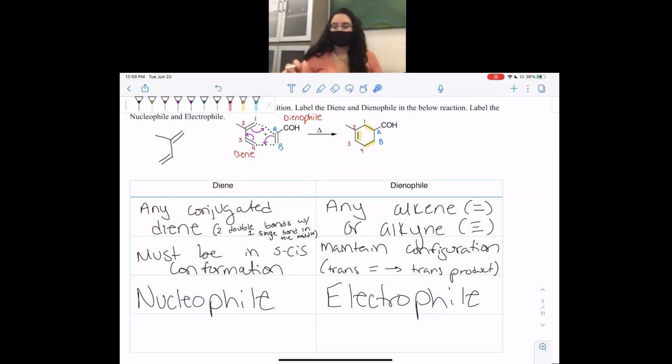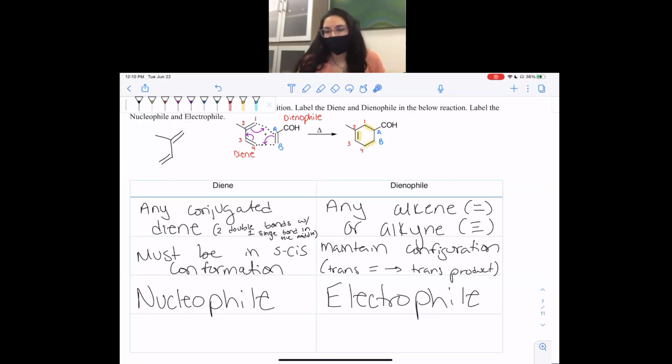And what we mean by that is the nucleophile wants to become more nucleophilic. The electrophile wants to become more electrophilic. And as someone said, the diene or the nucleophile is going to be electron rich, and the dienophile or the electrophile is going to be electron poor.